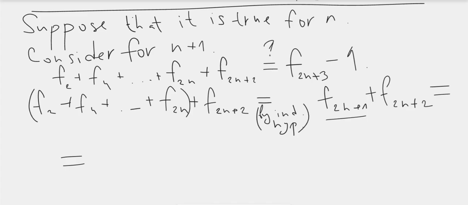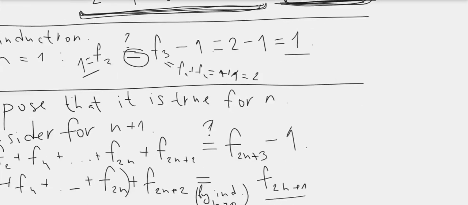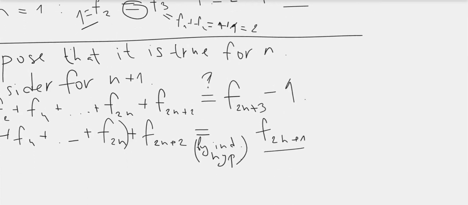Yeah, there is an error. Because I didn't write correctly the right side, so the right side here is f2n plus 1 minus 1, so I didn't write the minus 1.